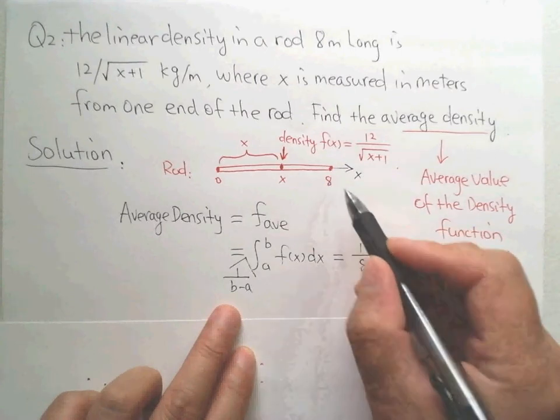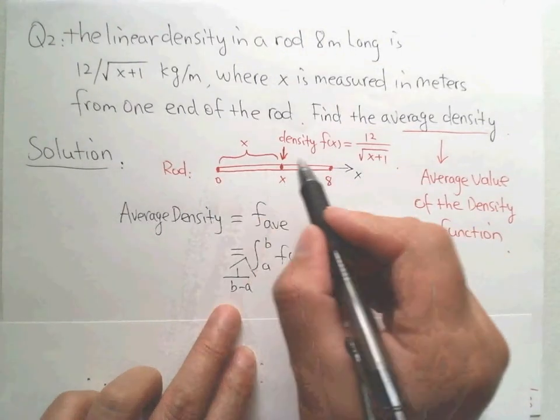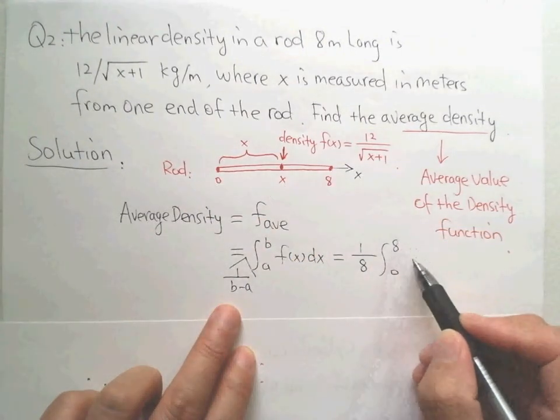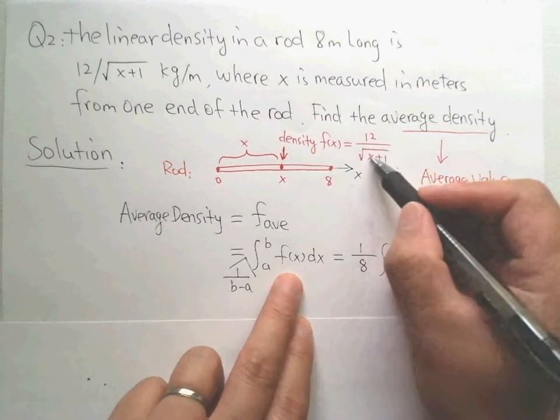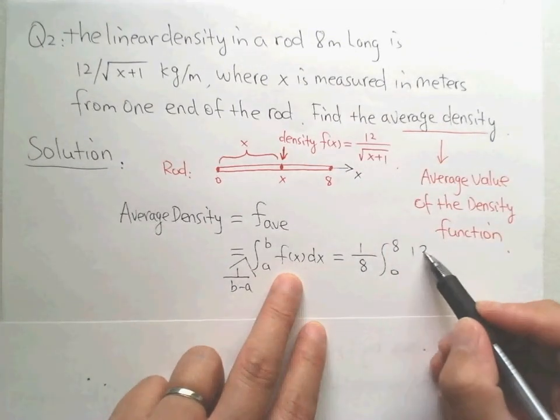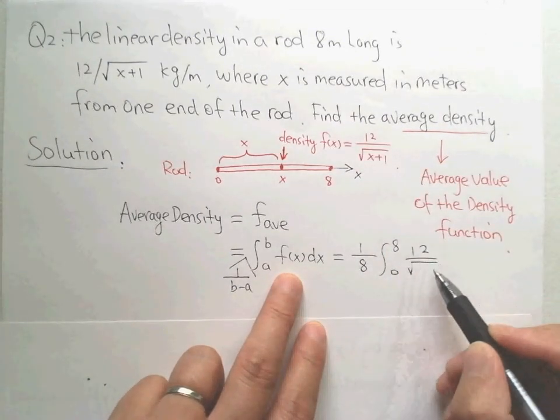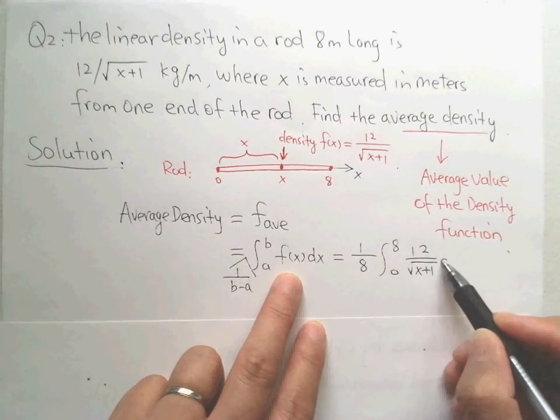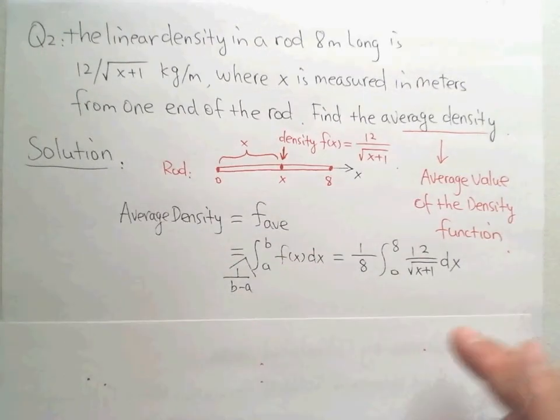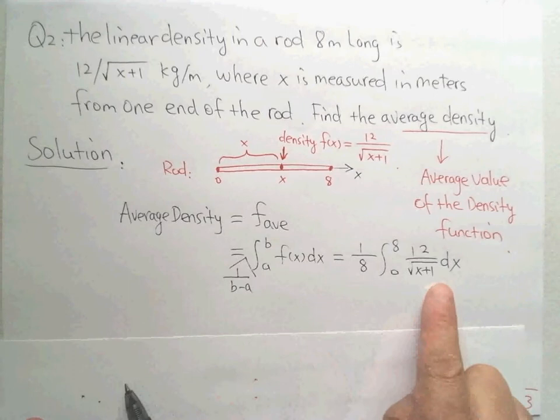And then the integration is from 0 to 8, because x goes from 0 to 8. f(x) is this function, 12 over the square root of x plus 1, dx. Okay, this is the setting up.